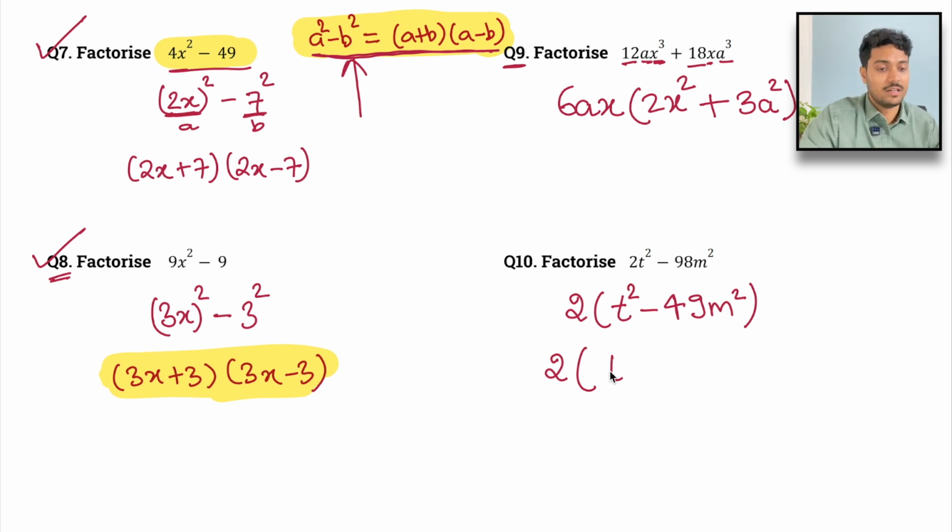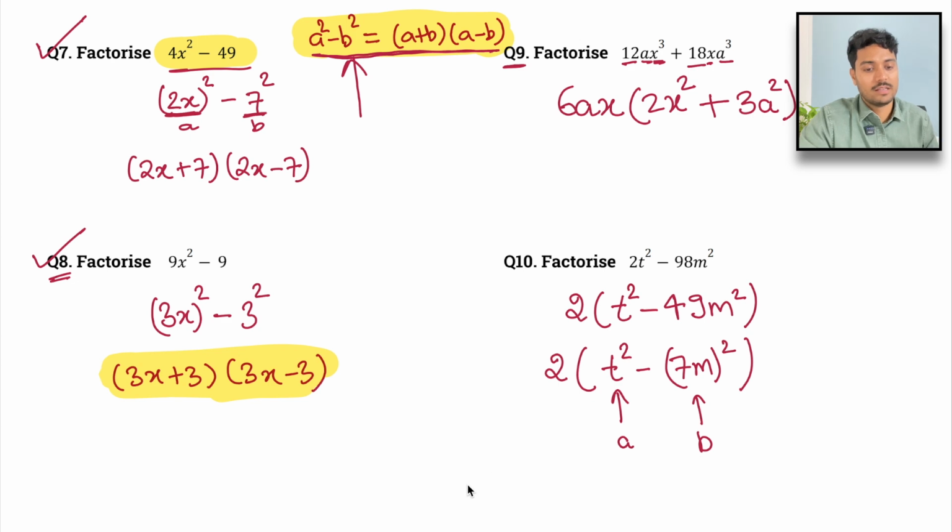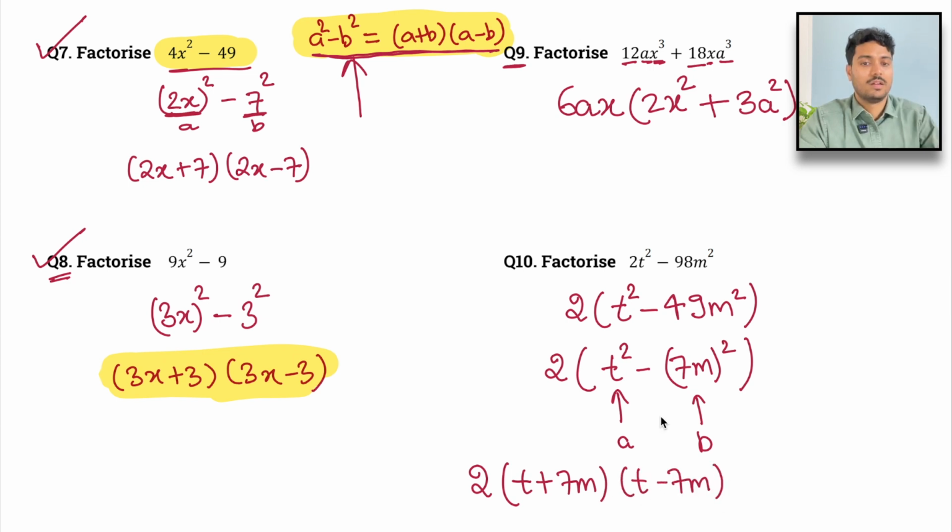We can write it as t squared minus (7m) squared, and that's how we can consider t as a and 7m as b, and we can write it as 2 times (t plus 7m) and (t minus 7m), and this will be the final answer.